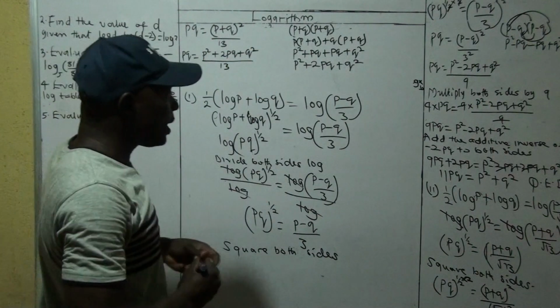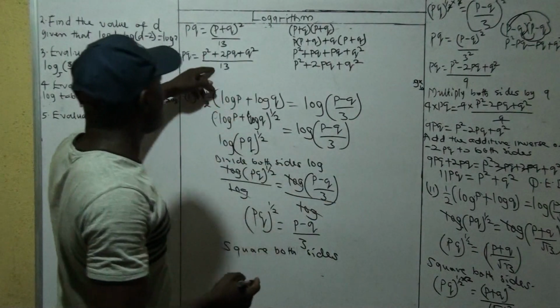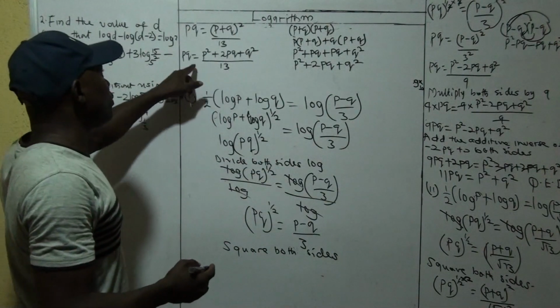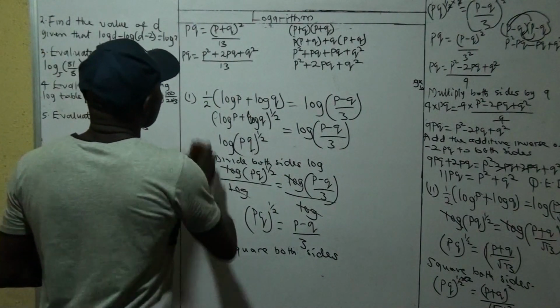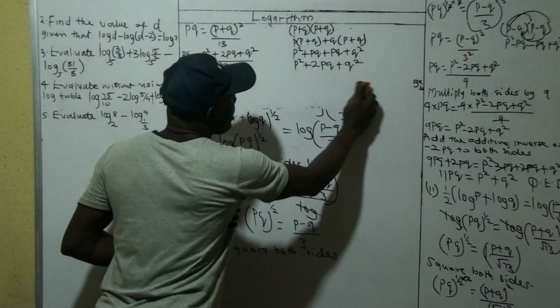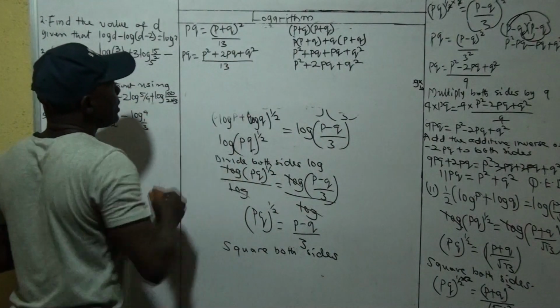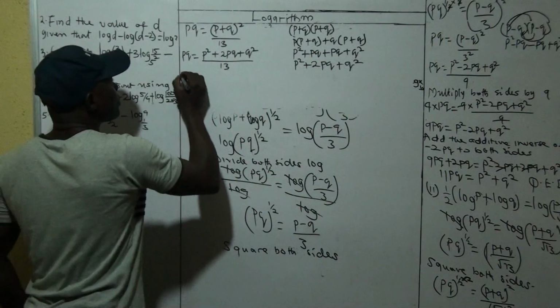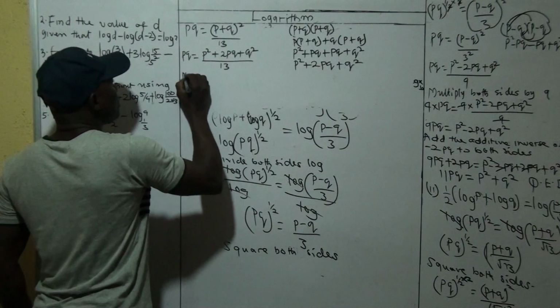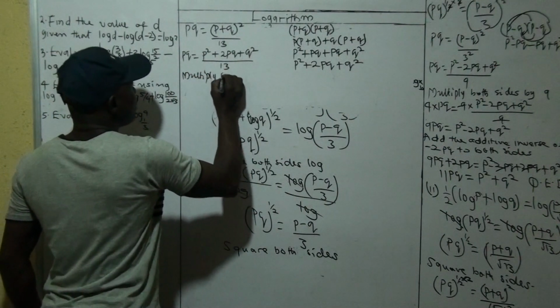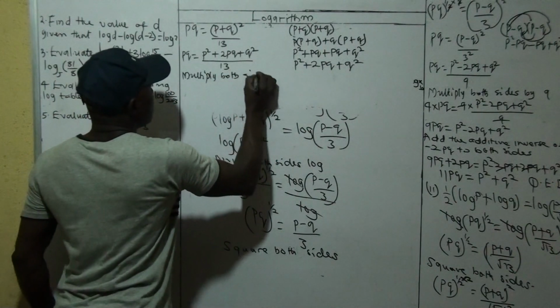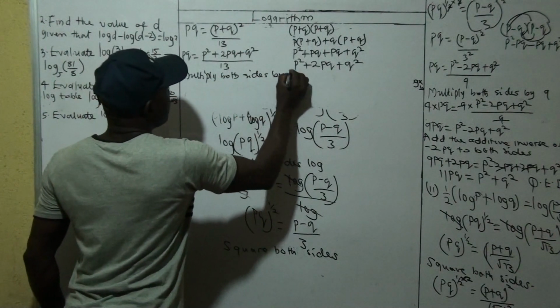So like we said the other time, multiply both sides by what? We want to remove this. This is a fraction, we want to remove it. Multiply both sides by 13.